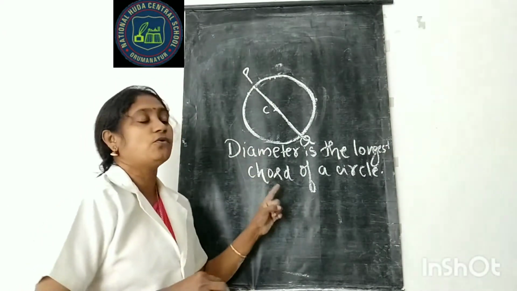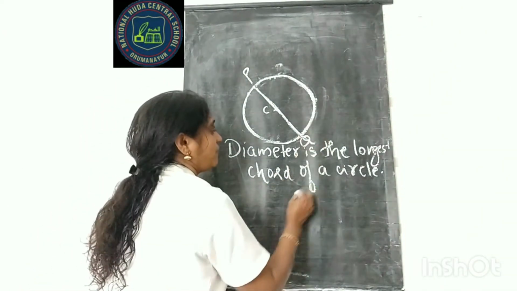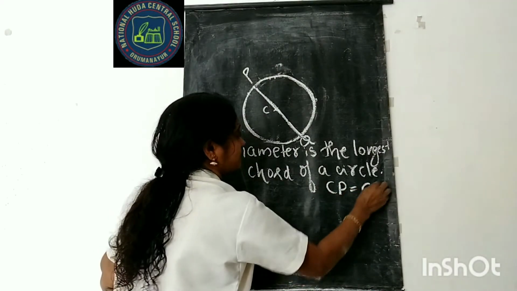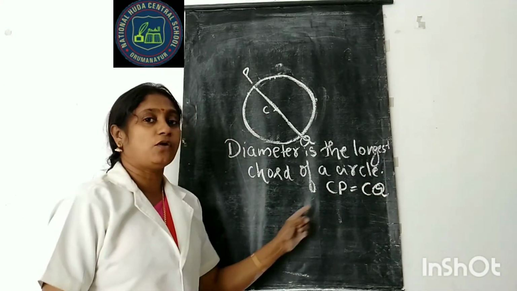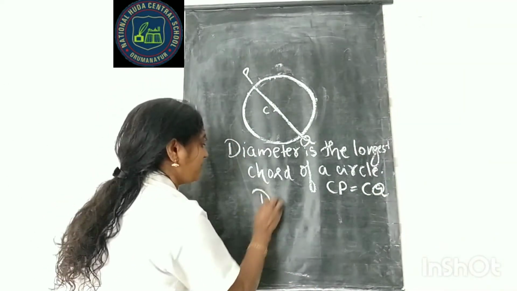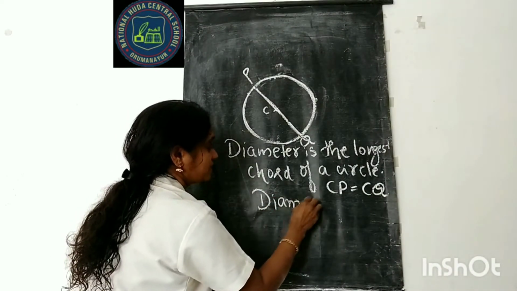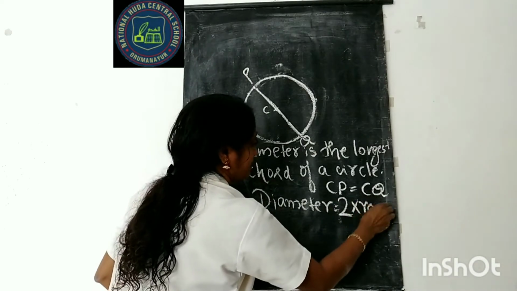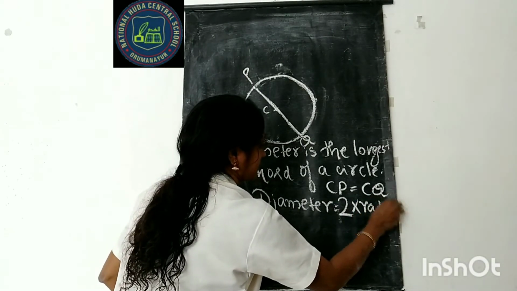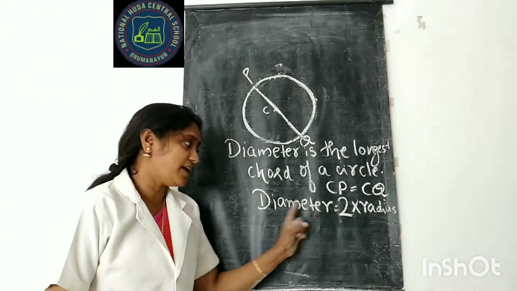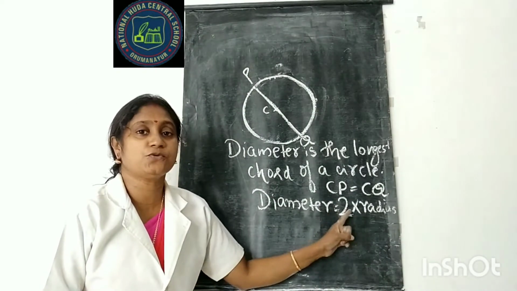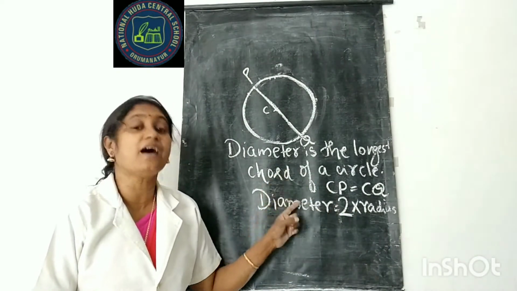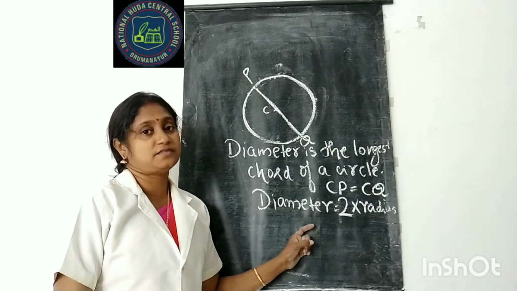Therefore, we can write CP equals CQ. That is, diameter equals 2 times radius, and diameter is the longest chord of a circle.